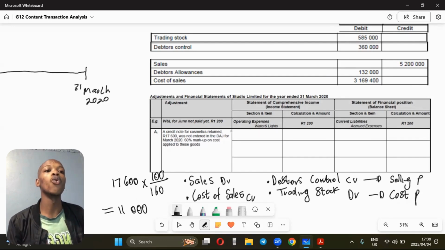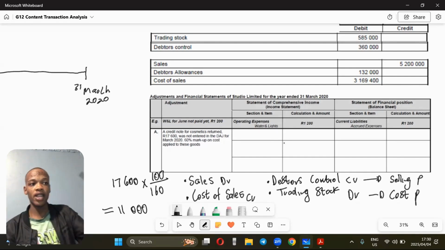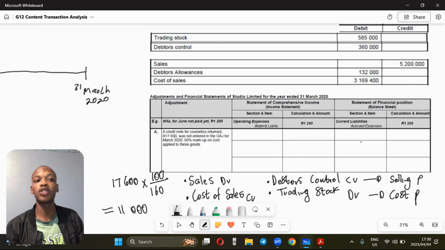Now where are we going to record? We are going to record on both the income statement and the statement of financial position, which is the balance sheet. Let's start with the first account.